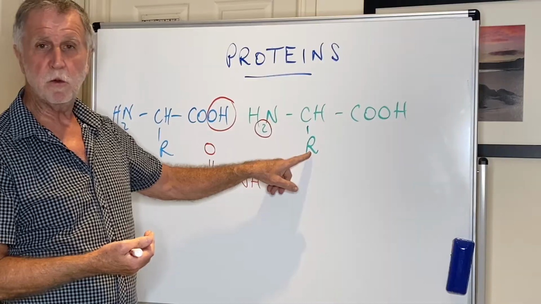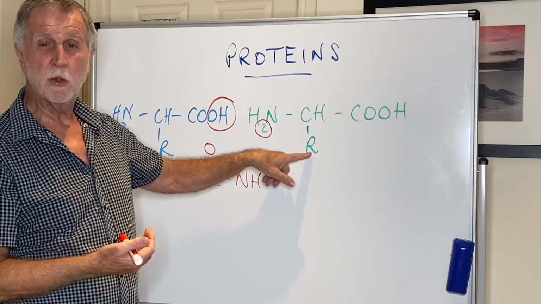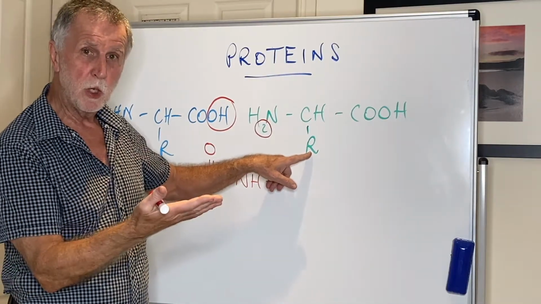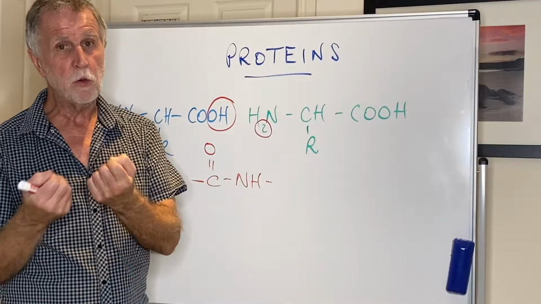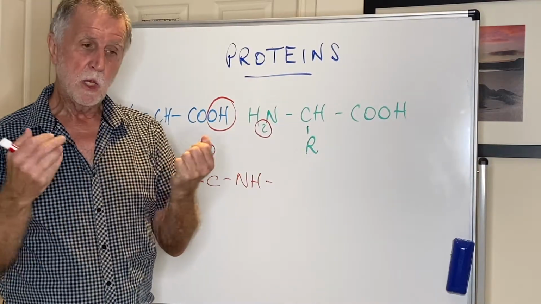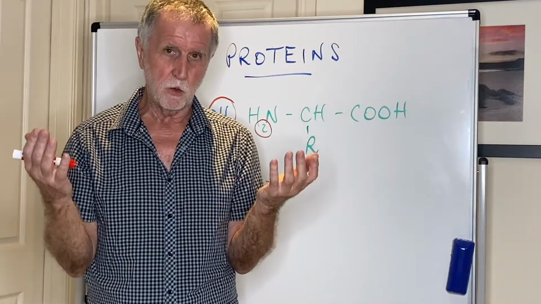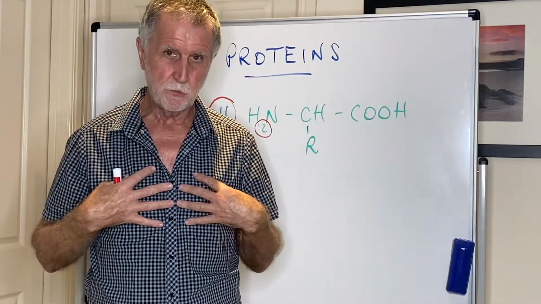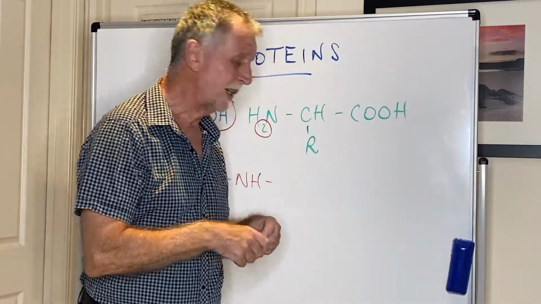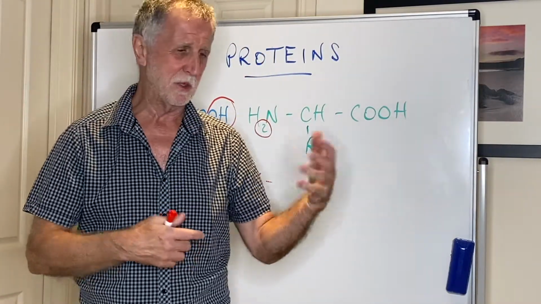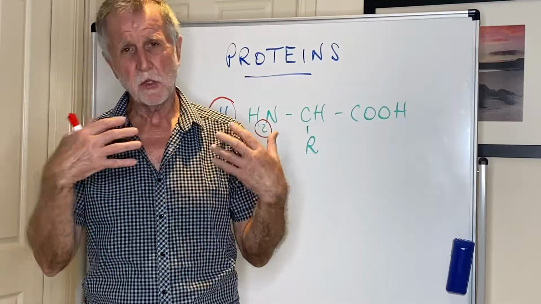Certainly if there's a sulfur in that R group, then you can get something called a disulfide bridge, which is a covalent link, and it's a very, very strong link indeed. Now that tertiary structure is the bulk of the proteins in us. So they make up basically all of the enzymes and the muscles and the organs and so on and so on.